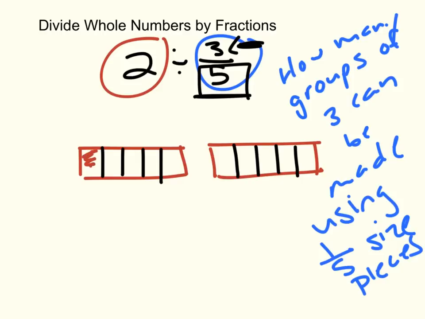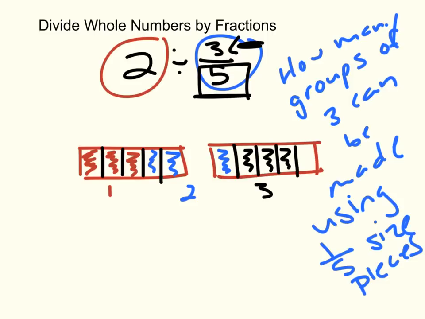Well, there's 1 piece, 2 pieces, 3 pieces. That's one group. 1 piece, 2 pieces, 3 pieces. That's my second group. 1 piece, 2 pieces, 3 pieces. That's my third group.